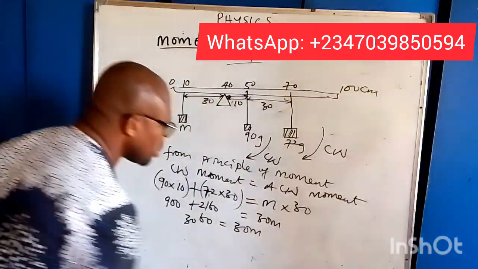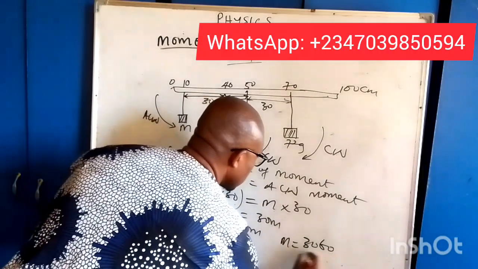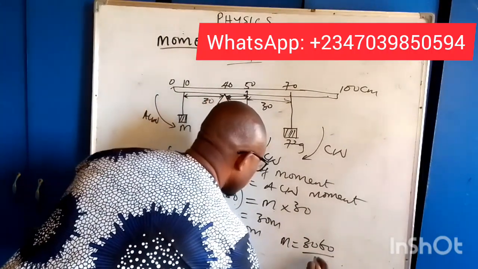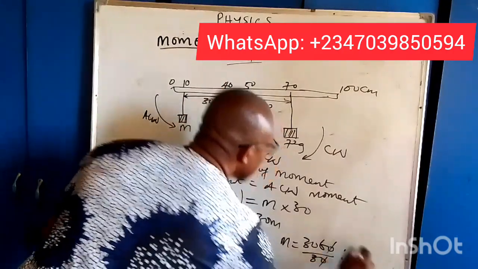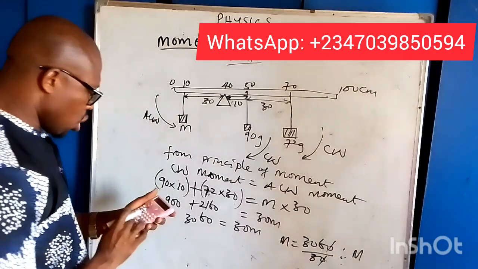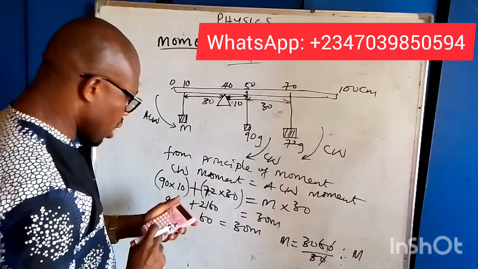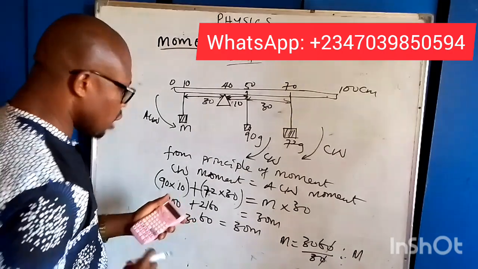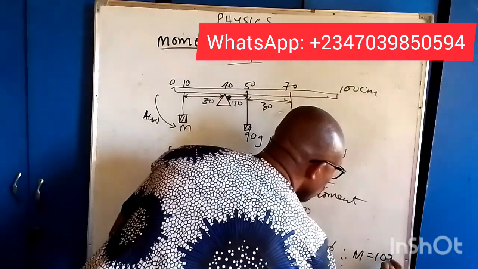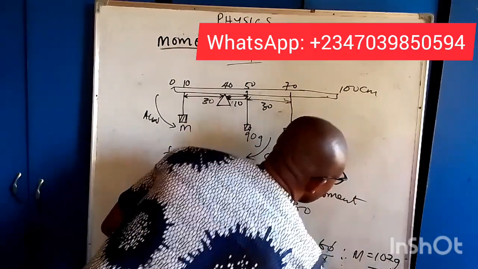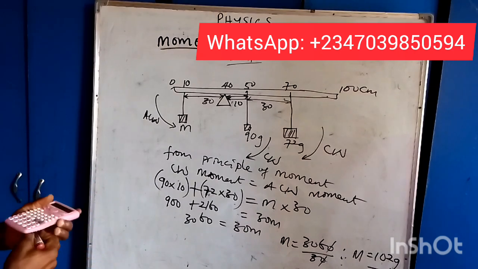Make m the subject. M will give us 3,060 all over 30. This one will cancel this. Therefore, the mass of this meter rule will give us 306 divided by 3, which will give us 102 grams. So the mass of this meter rule is 102 grams.